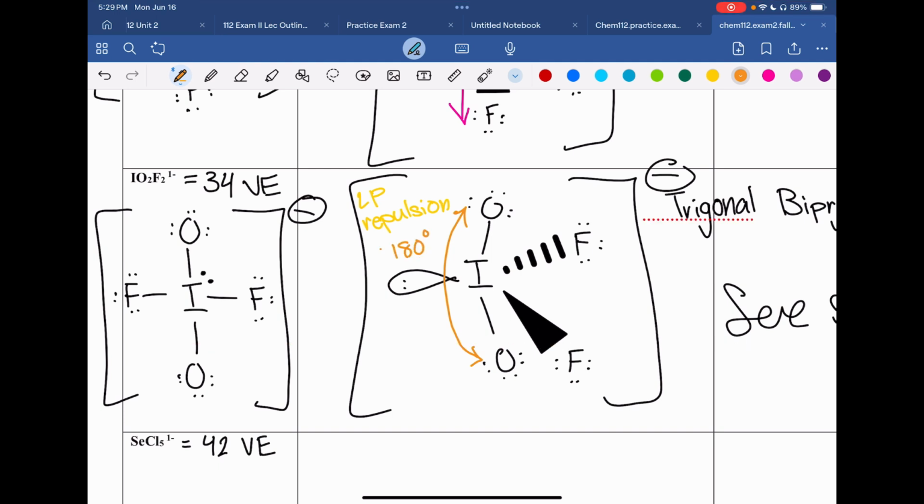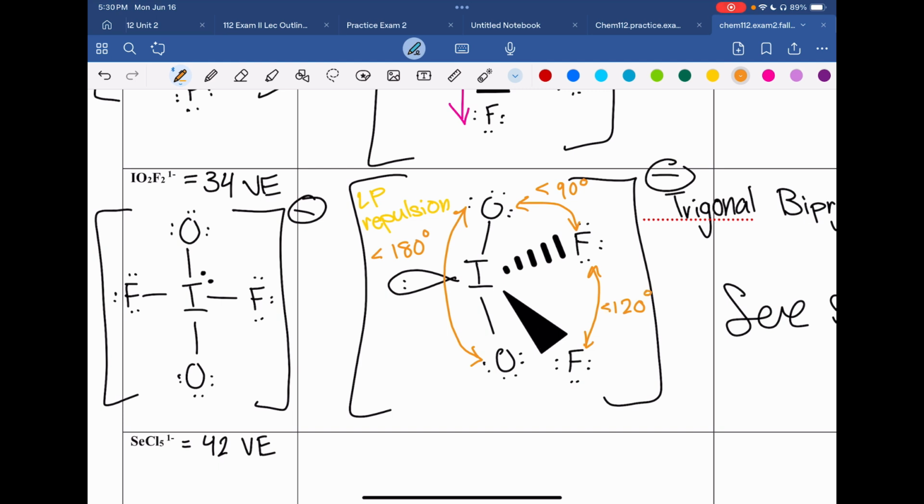It is now less than 180. Before, this looked like a perfect right triangle. Right triangles are 90 degrees, but now it is less than. And then this one is your 120, but now it is less than.